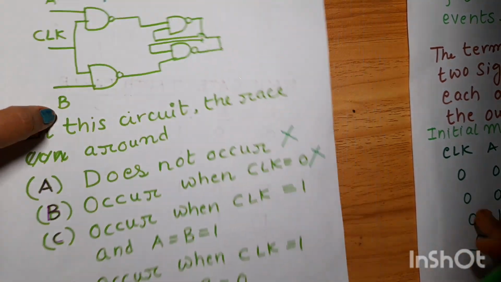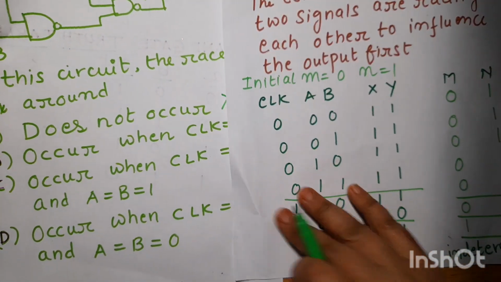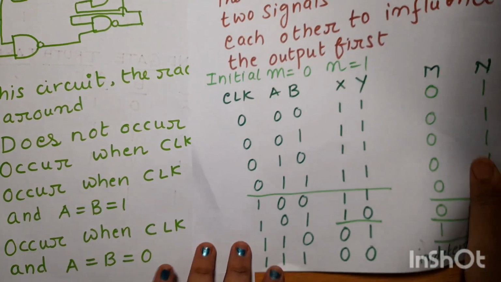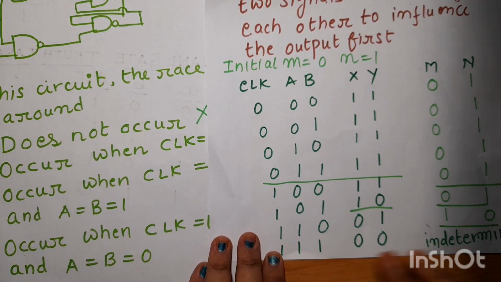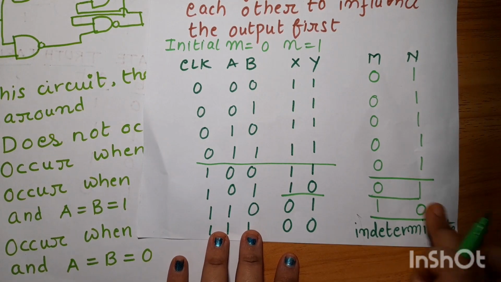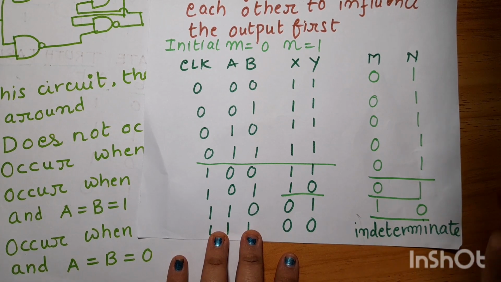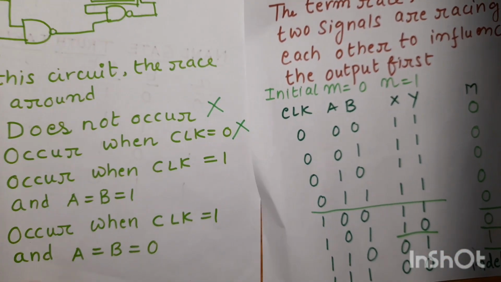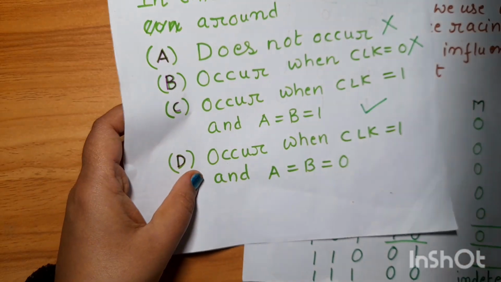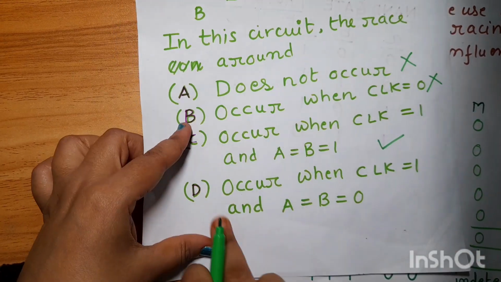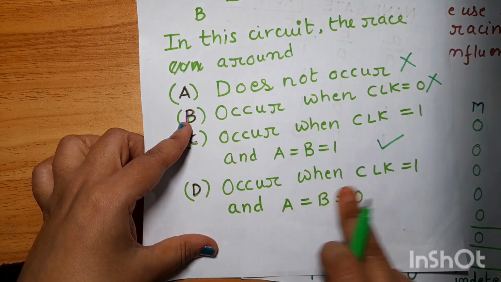Now the third condition is when the clock is 1 and A and B are 1, race around condition is occurring. This indeterminate state has come. So this is true. But I will check for D also. Occur when clock is 1 and A and B are 0, 0.